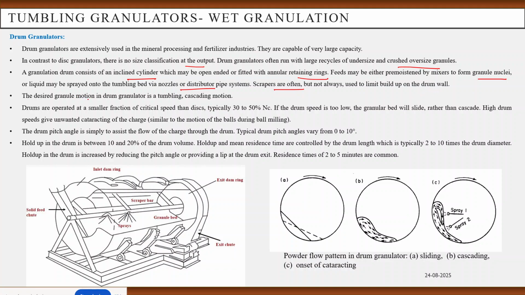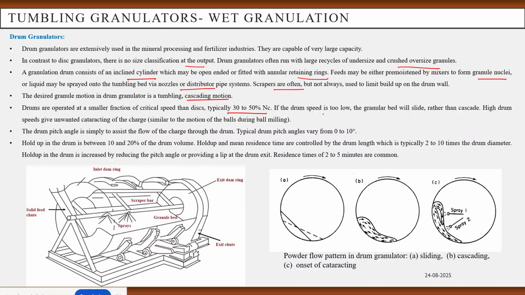The desired granule motion in the drum granulator is a tumbling and cascading motion, just like a ball mill. Drums are operated at a smaller fraction of critical speed than the disc. Typically, they operate at 30 to 50% of the critical speed.